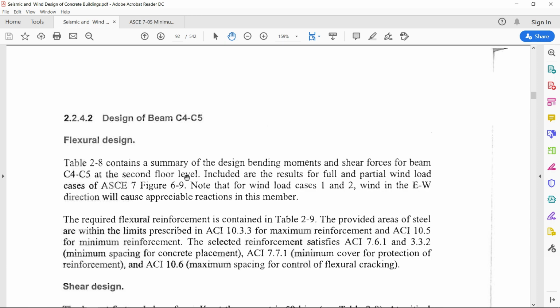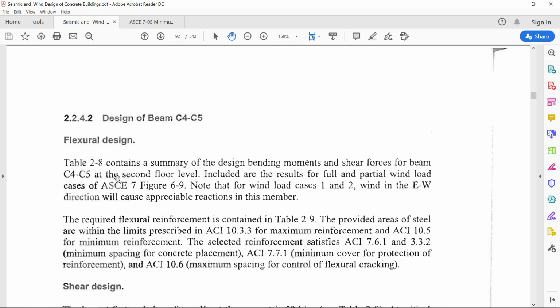Now one example is given over here. They check the beam C4 C5. Here Table 2.8 contains a summary of the design bending moment and shear force for beam C4 C5 at the second floor level.